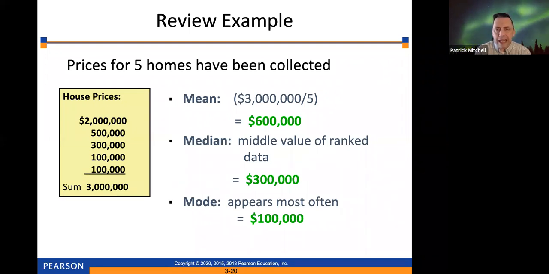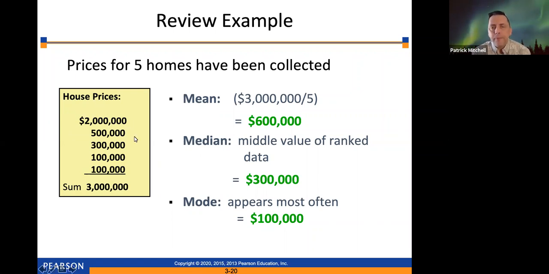So the mean would be add those up and divide by how many there are. The mean comes out to $600,000. Notice that that's higher than 4 out of the 5 homes on the list. So that makes it maybe not the greatest measure of central tendency in this example, and it's because of this really high priced house, right?